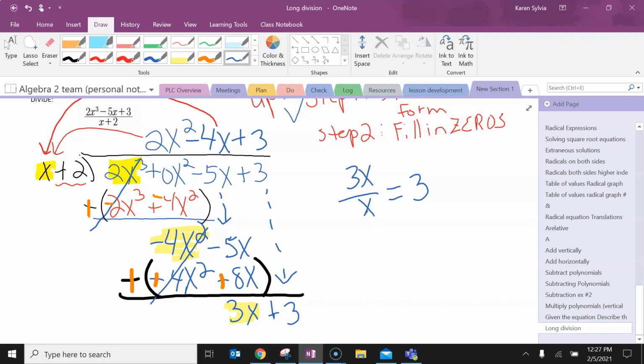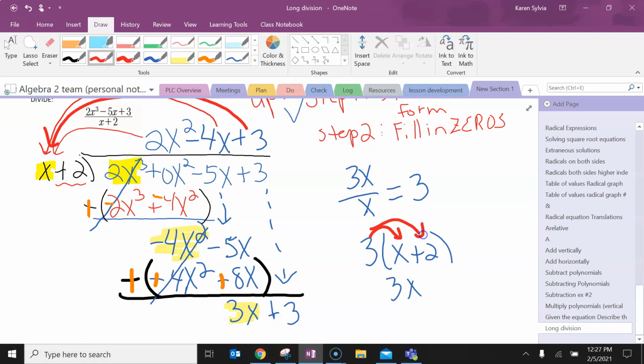I'm now going to multiply the 3 all the way through, 3 times x plus 2. So I'm going to distribute. I get 3x, distribute again, and I get plus 6. That goes right below, 3x plus 6.